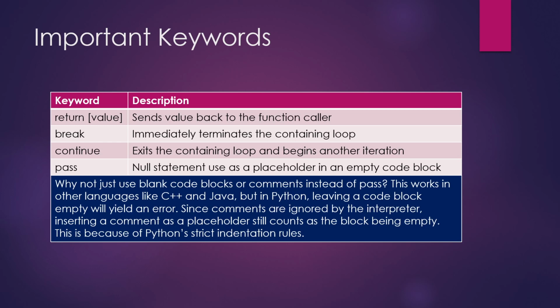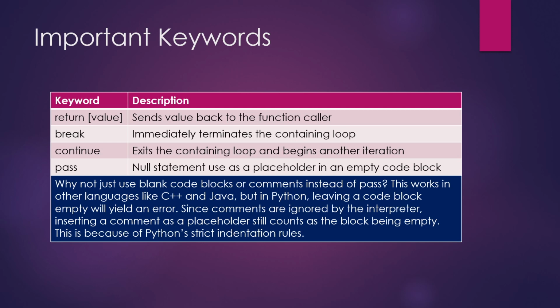Why not just use an empty code block? It has to do with how Python expects things to be written. When it sees a colon, it expects at least one line of code that is indented at minimum. If it does not get that, it is going to return an error.